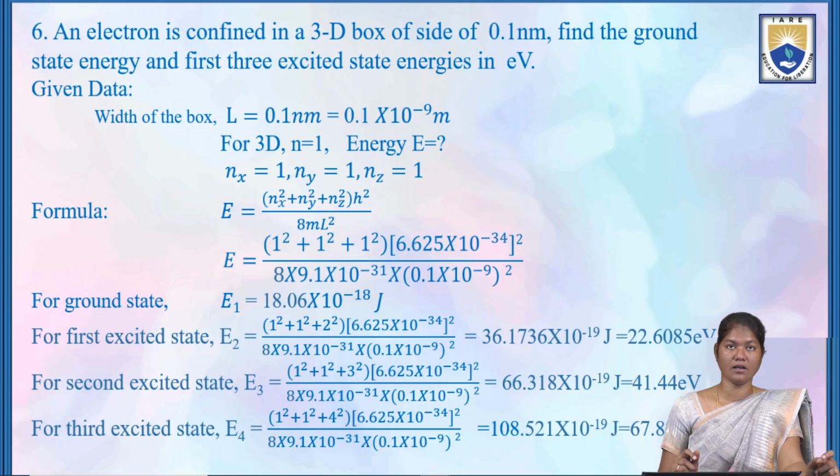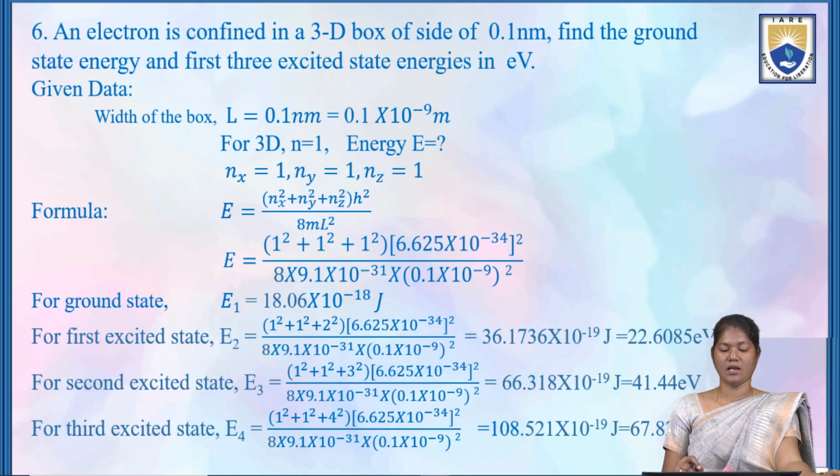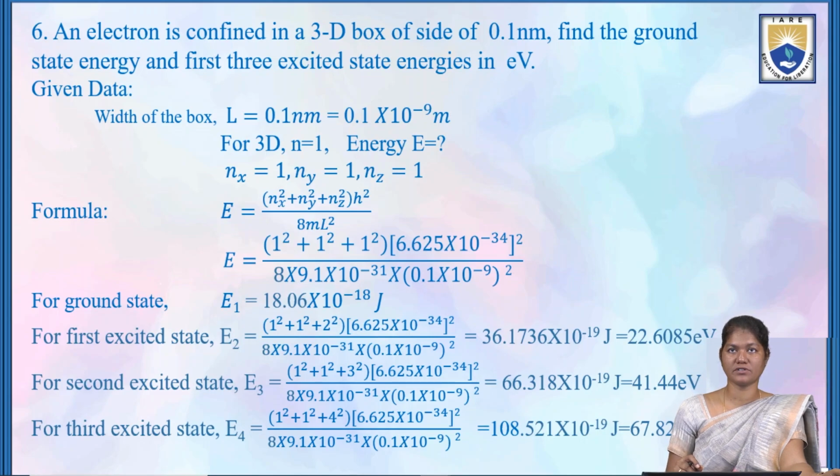Next one: an electron is confined in a three-dimensional box of size 0.1 nanometer. Find the ground state energy and the first three excited state energies in electron volts.